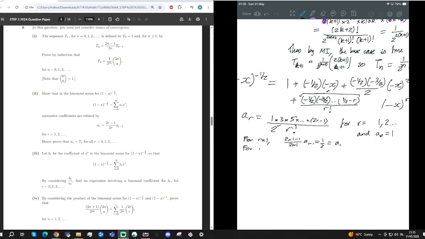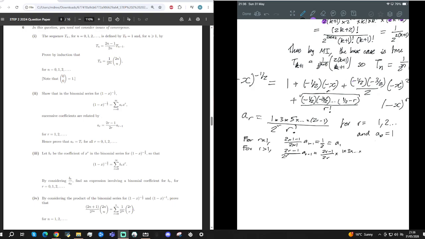And then for r greater than 1, 2r minus 1 over 2r of A(r minus 1). So now I can use that definition of AR more comfortably. It's 2r minus 1 over 2r times 1 times 3 all the way.